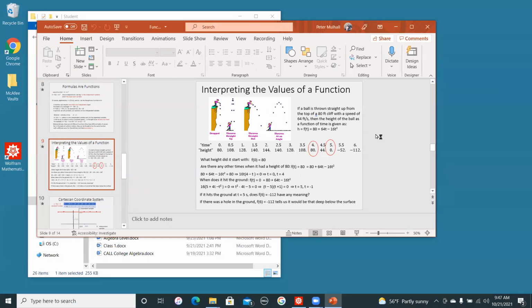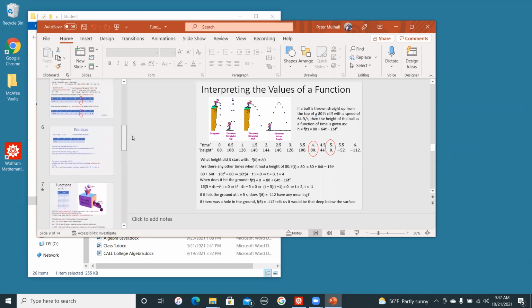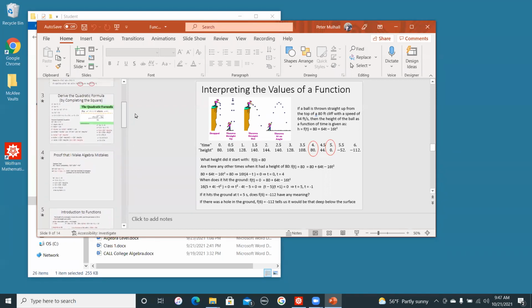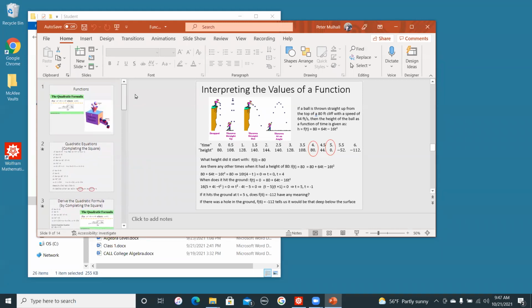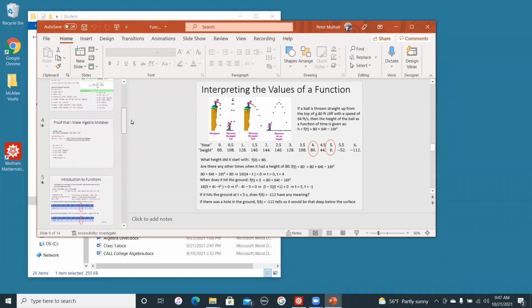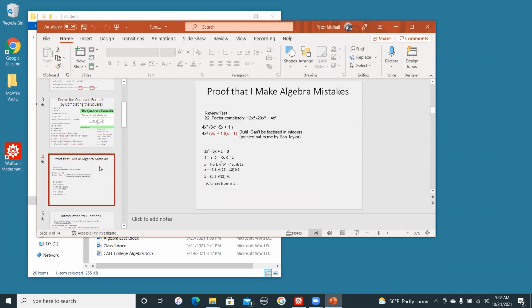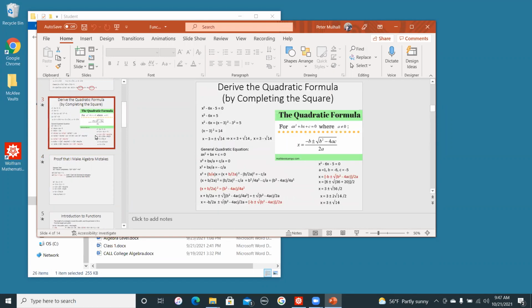Another question. Peter, this is an algebra question that came from earlier in the PowerPoint. Andy and I looked through the PowerPoint. What slide are we talking about? It's the third or the fourth slide from the top, from the very beginning of the PowerPoint. Is this it here? It might be that one. It's so small on my screen, I can't really see it.